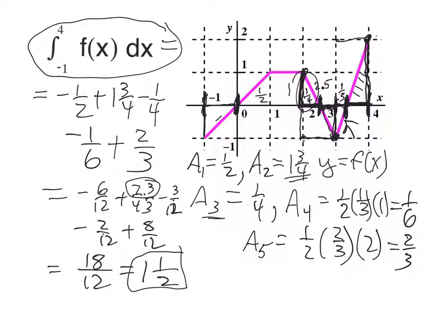Questions? So now you know how to integrate not only using the fundamental theorem, but also using the geometry, looking at the area either under the curve or above the curve to calculate the definite integral value. Had this value ended up being negative, all that would mean is there's more area under the x-axis than there is above the x-axis.